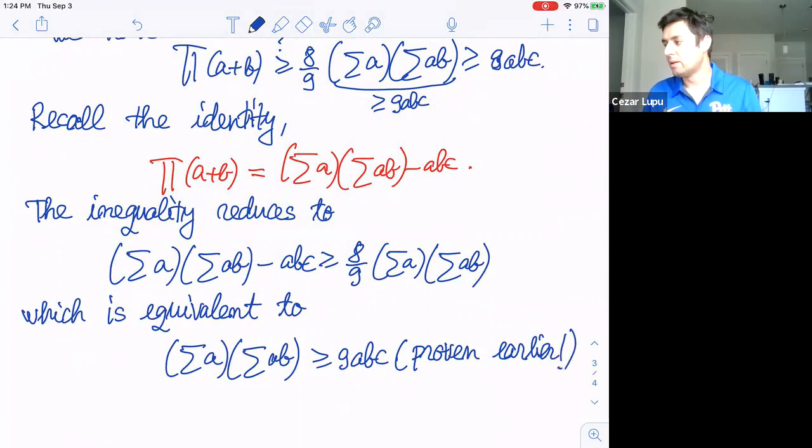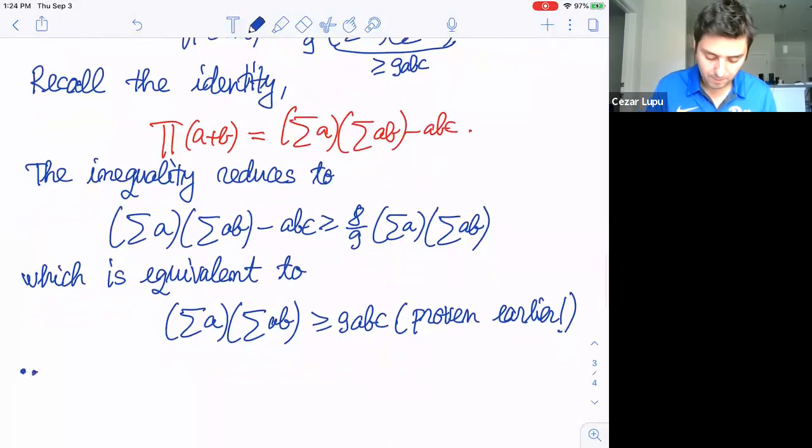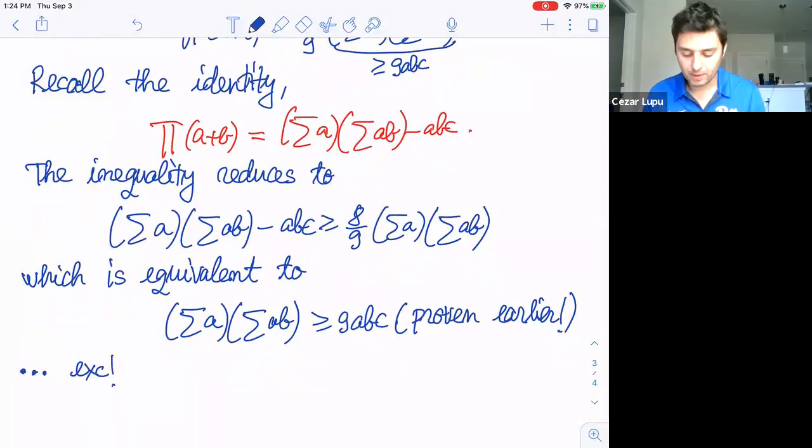Anyway, the third one, I will leave it to you because there are a bunch of computations. I did this. But let me just tell you what to use. You can use some identities here because you have cubes.